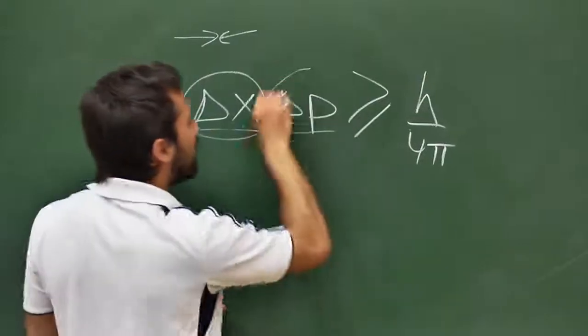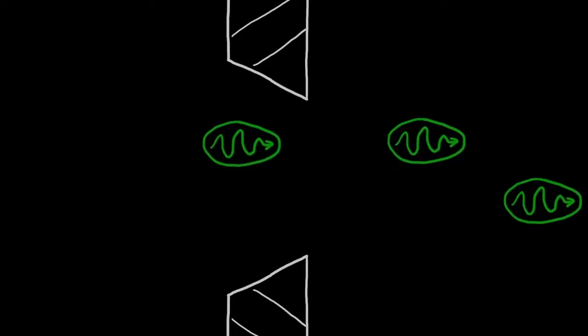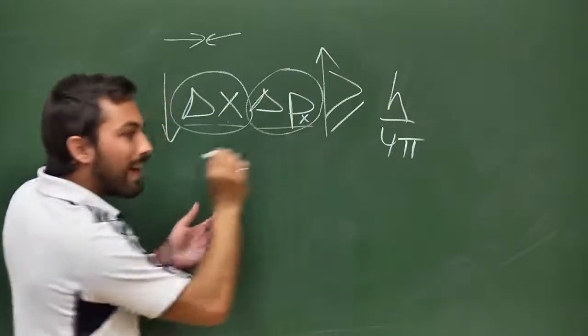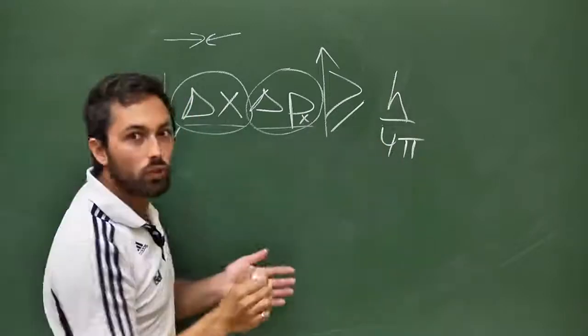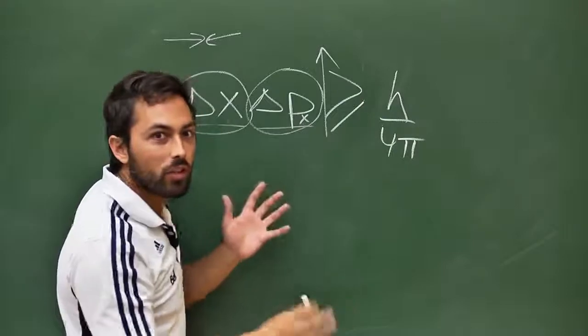So what needs to happen is the uncertainty in momentum needs to go up. I should specify this is uncertainty in momentum in the x direction, in the horizontal direction. So if before photons were going perfectly straight, now they must veer off to the left or to the right to ensure that we don't break Heisenberg's uncertainty relation.